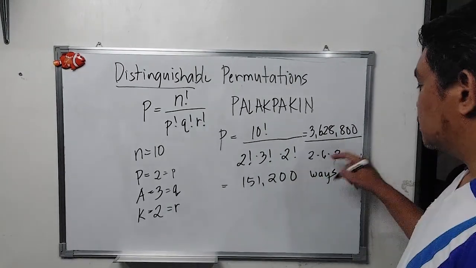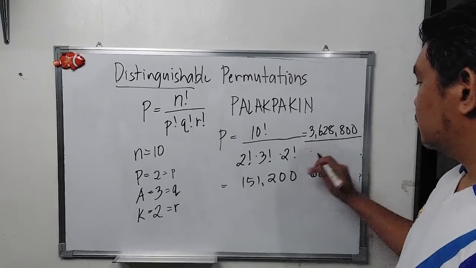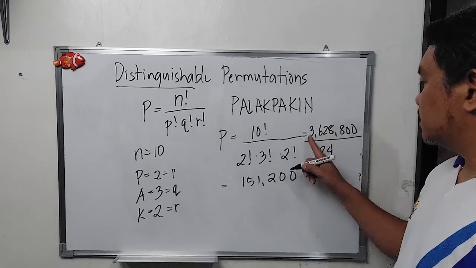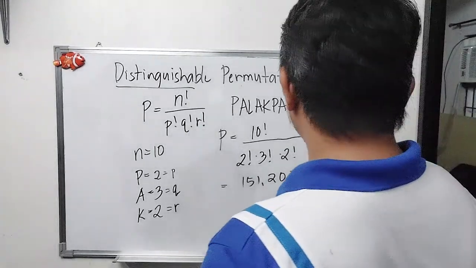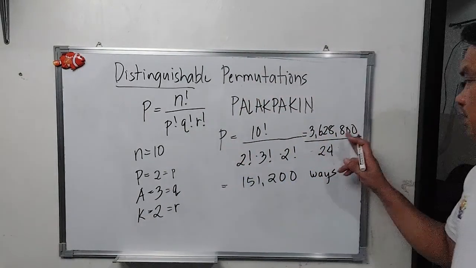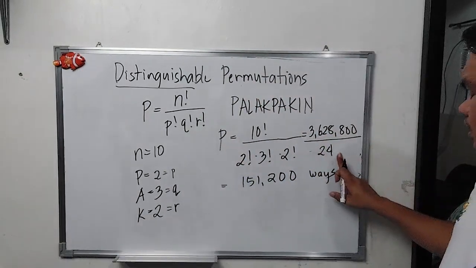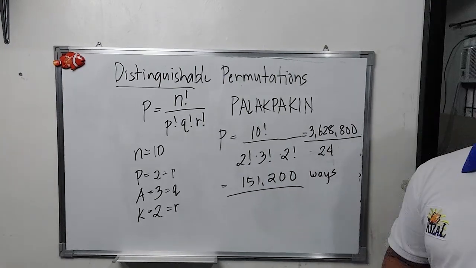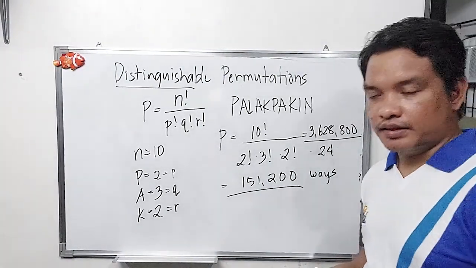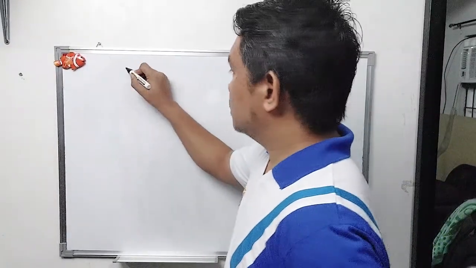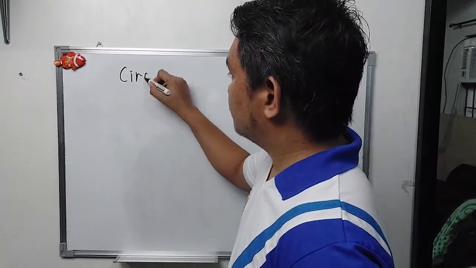So that is equivalent to 24. Then divide mo sila: 3,628,800 divided by 24 is 151,200.